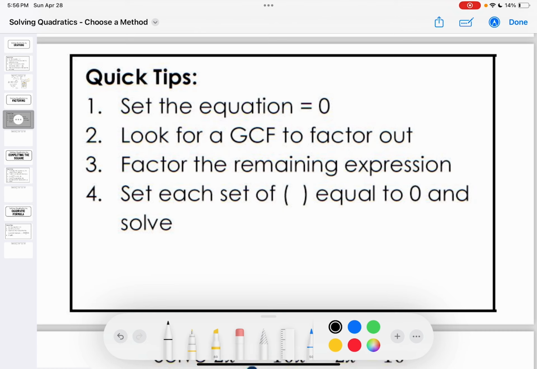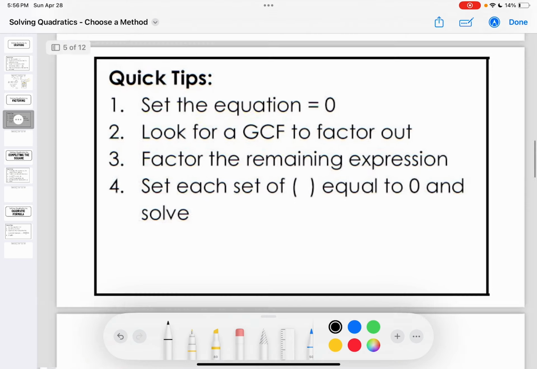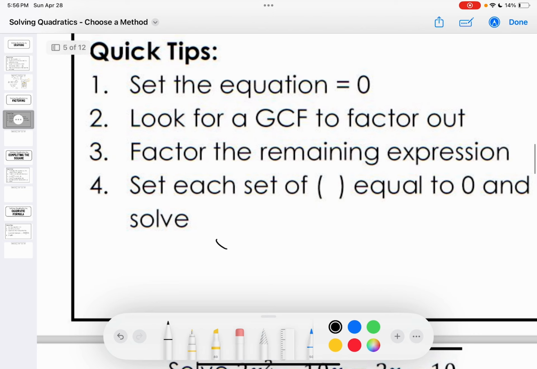And then we look for a GCF if we can factor that out. A lot of times this is a great method when it's x squared and the a value is 1. That makes it a whole lot easier sometimes to factor. And again, remember, not every problem is factorable.